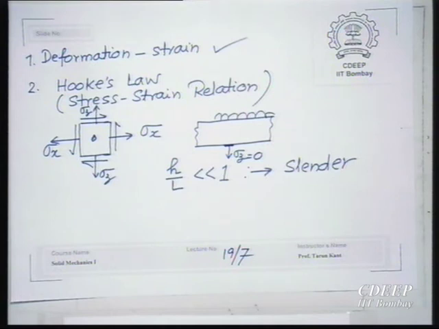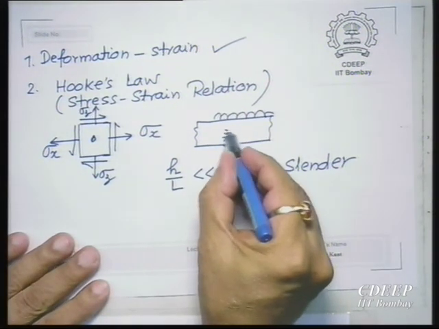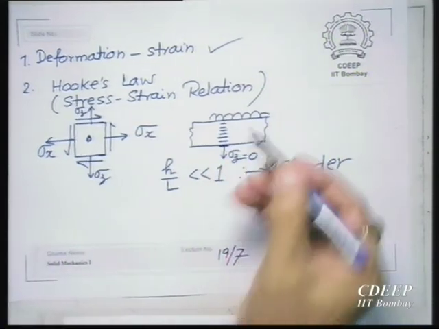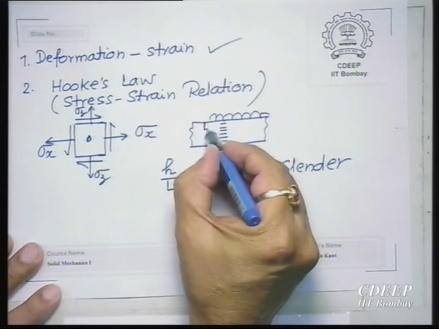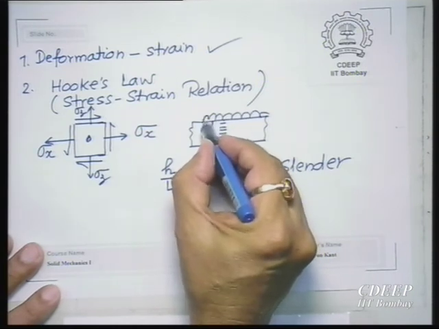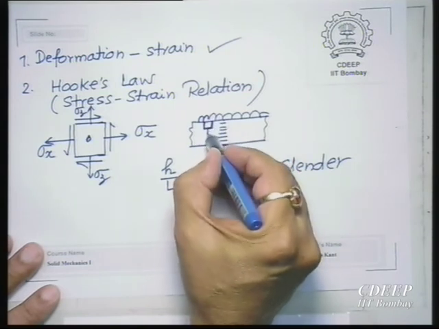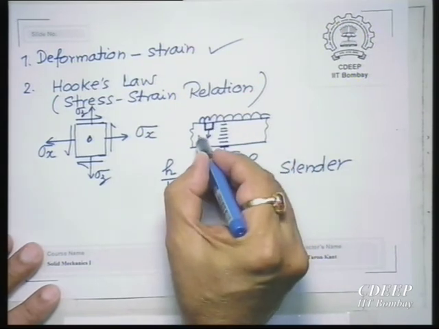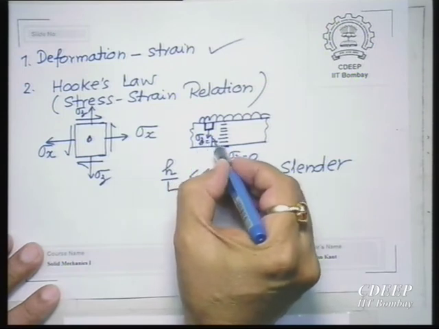Is it okay? So as you go in, the value of sigma z will be small, except when you come close to this. If you take the element over here, because on the top you have applied a load, let us say UDL is applied. So here sigma z should be equal to P naught.